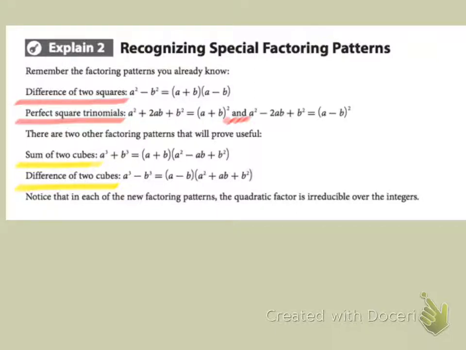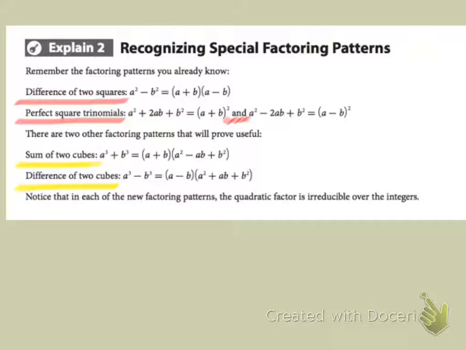And the terms within them are simply the square roots of the first term and the last term. Because they are nearly identical, the only thing that's different is the sign. When you go to FOIL them back out, the middle term would turn out to be 0, and that's why you just see two terms instead of three.